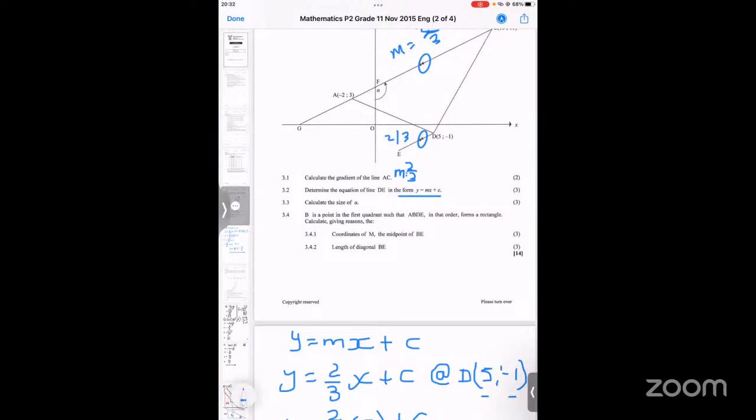But the hint was you might need to create an angle that you might need to work out with an angle of inclination.